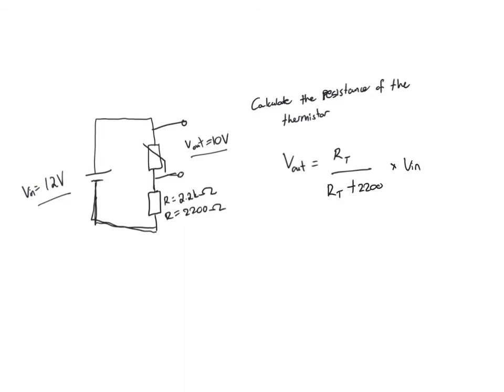So I will write it down. I will rearrange for R before I put any numbers in. So let me just delete that and put the numbers in after, because it's always nicer to keep it neat until the end.